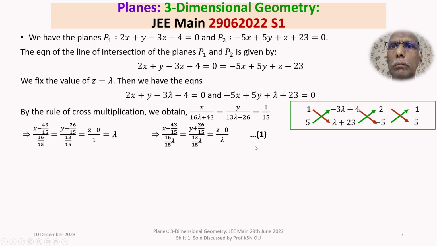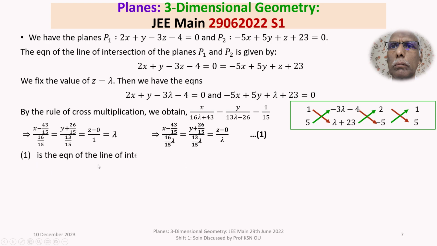That is equation 1, and it is the equation of the line of intersection of the planes P1 and P2. It is a straight line passing through 43 by 15, minus 26 by 15, 0, and its direction ratios are 16 by 15 times lambda, 13 by 15 times lambda, and lambda.